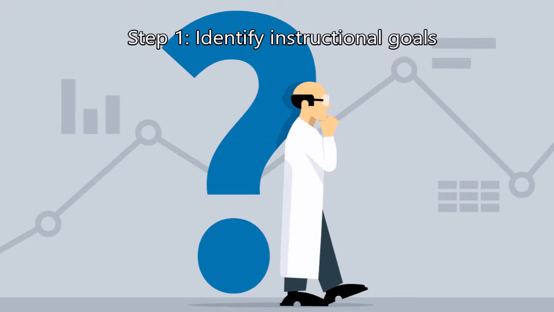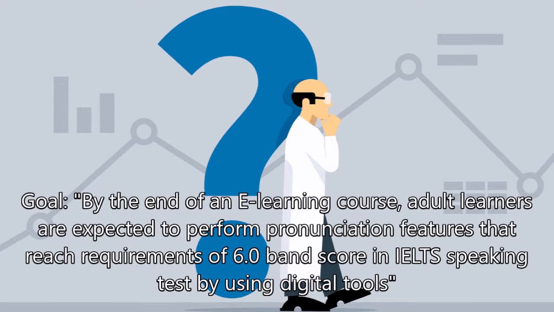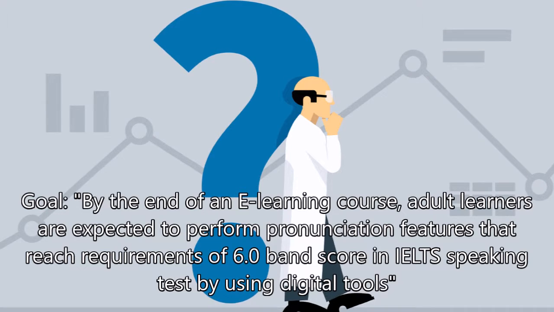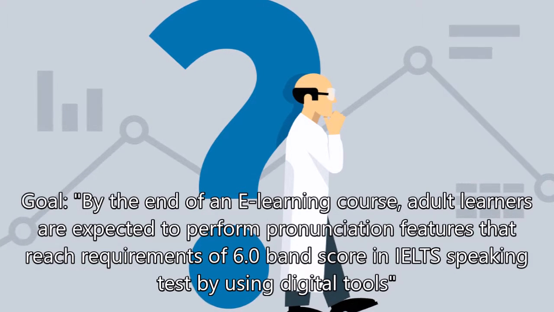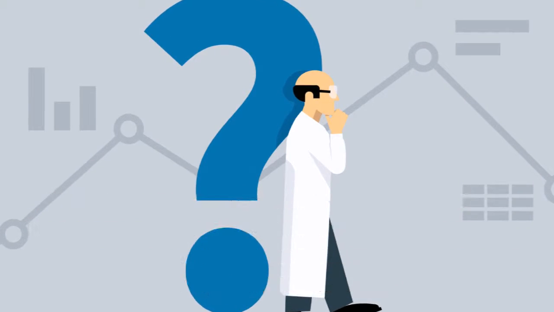Step 1. Identify instructional goals. In this project, I identified that by the end of an e-learning course, adult learners are expected to perform pronunciation features that reach requirements of 6 band score in IELTS speaking test by using digital tools. Then I analyzed learners and contexts by interviewing and conducting a survey on some learners.